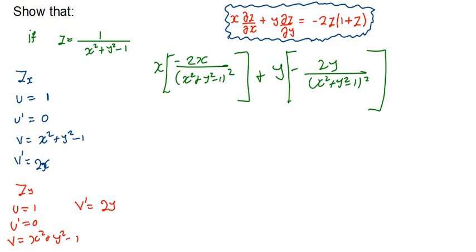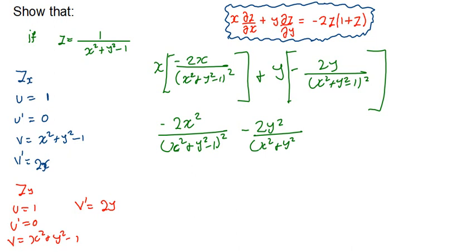So this is going to give us minus 2x squared divided by x squared plus y squared minus 1, squared, plus, wait, that would be a minus times a minus, so plus 2y squared divided by x squared plus y squared minus 1, squared.